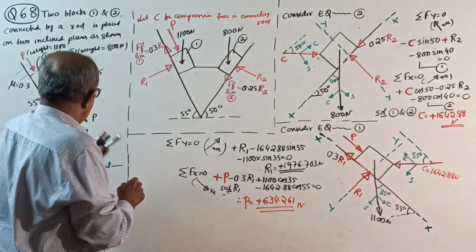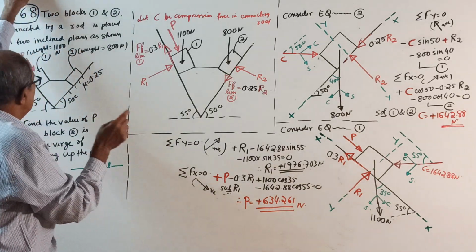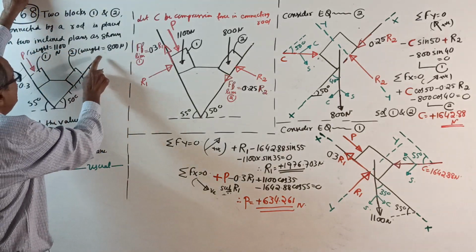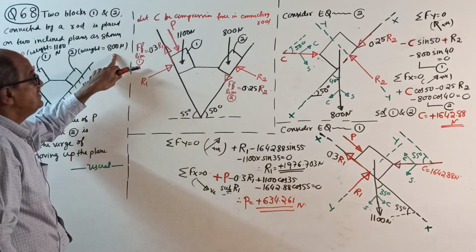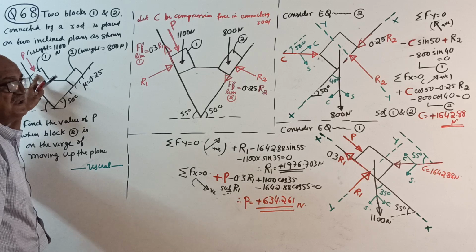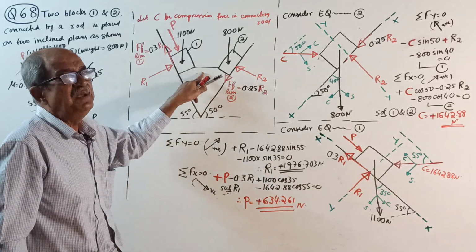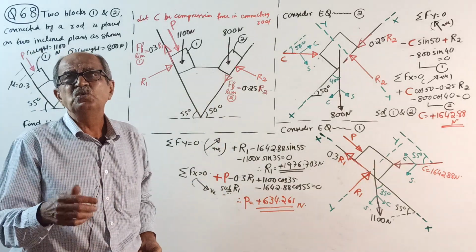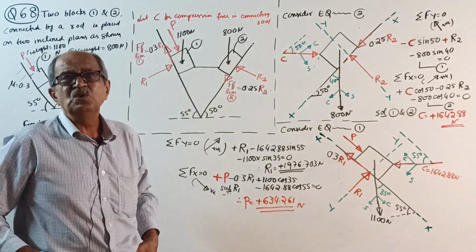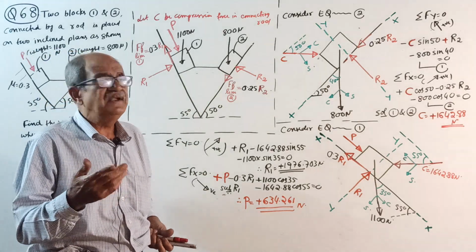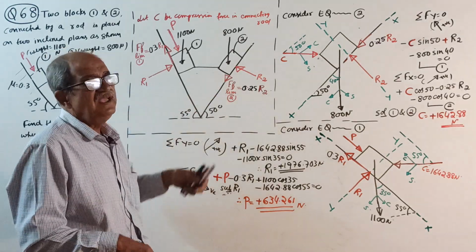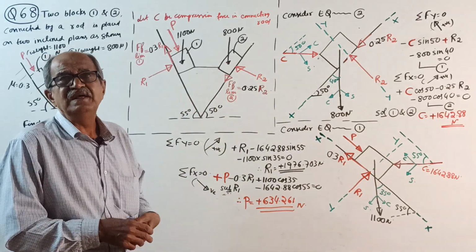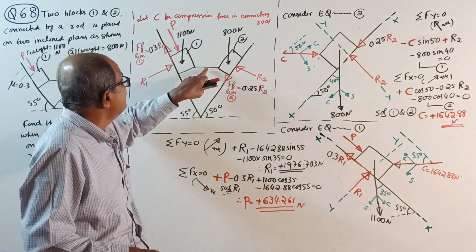So make a note here. In the absence of data, see, this 800 Newton is 80 kgs, this is 110 kgs. That weight may be very light, maybe 2 kg, 3 kg like that. So when it is not given, understand that the connecting rod is of negligible weight, you can ignore it, unless they give the weight.